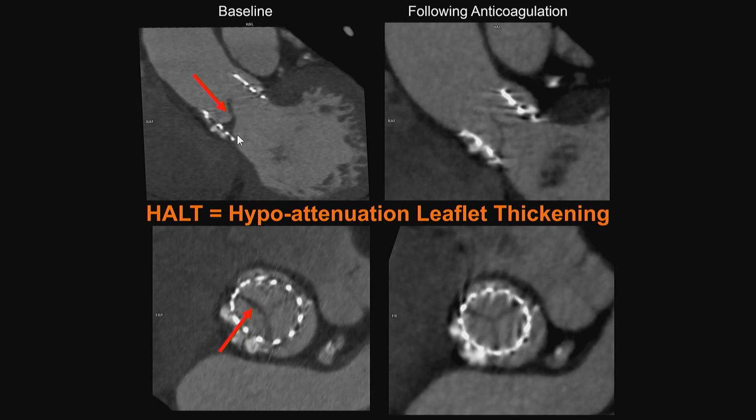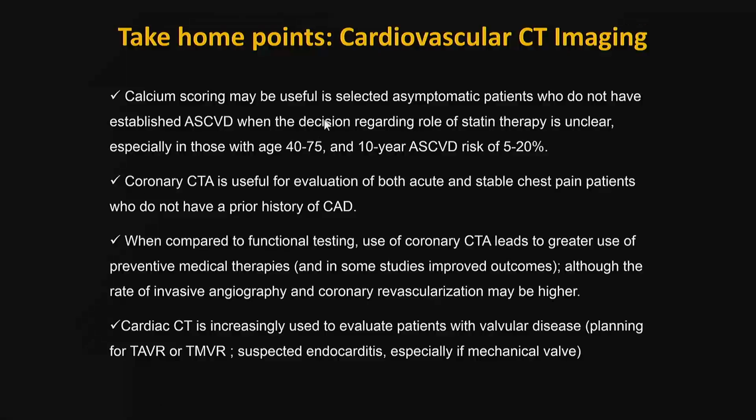However, it's not just subclinical because these findings of HALT, which you can see in this patient on the left side here, have been associated with an increased risk of TIA. Fortunately, when these are identified when patients are being treated with anticoagulation, such as this patient on this slide, when we repeat the imaging later, both based on our own experience and that of others, this seems to go away. So these lesions are highly responsive to the use of anticoagulation.